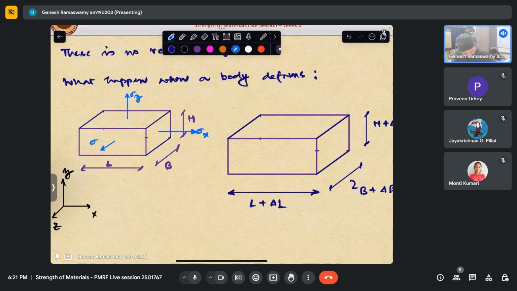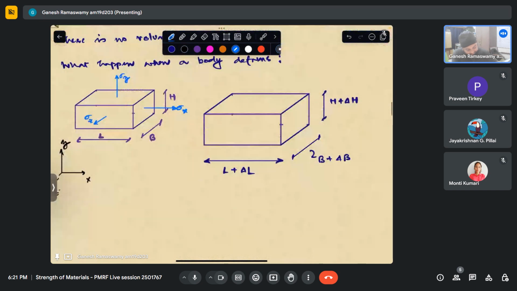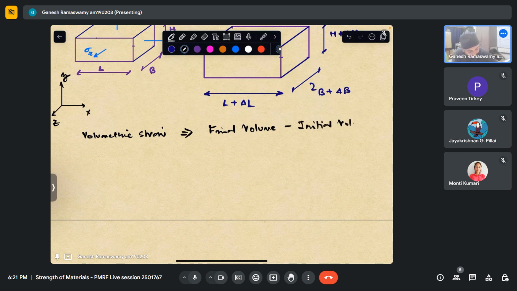I'm not drawing on the negative faces, but I suppose that is anyway clear. So in such a case, what is the volumetric strain? The volumetric strain is the final volume minus initial volume divided by the initial volume.